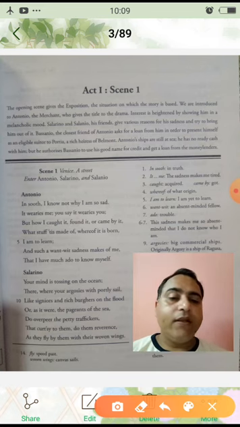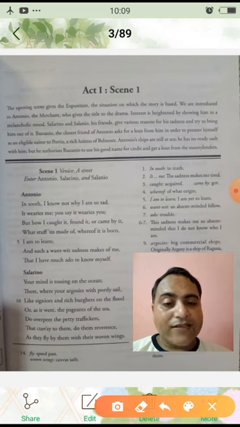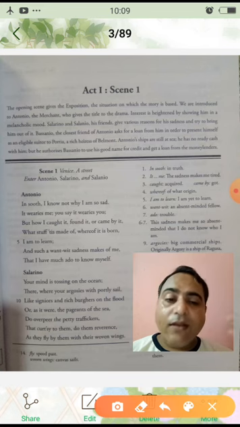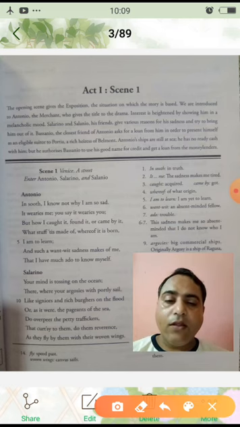But he doesn't have ready cash with him. Bassanio doesn't have money because in this play he has played the role of a spendthrift. Spendthrift means a waster, a person who spends more than he earns, who does not hold back on spending, and asks his friends or arranges money somehow and spends it.